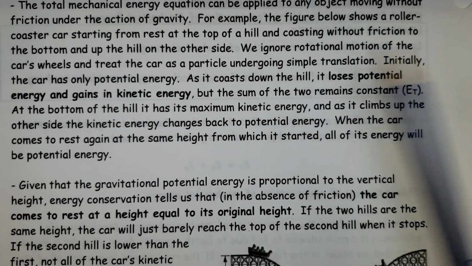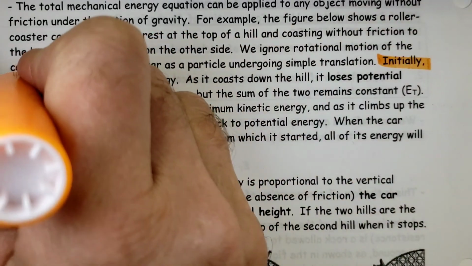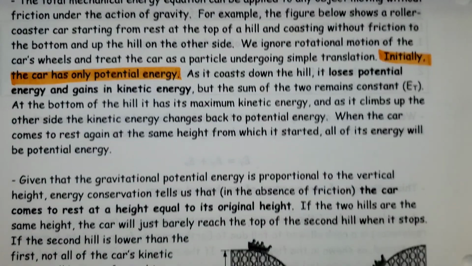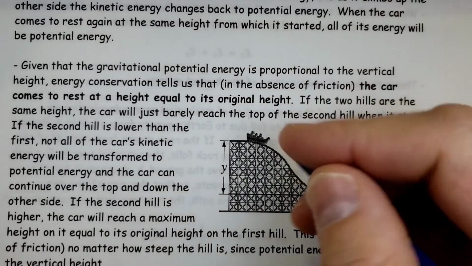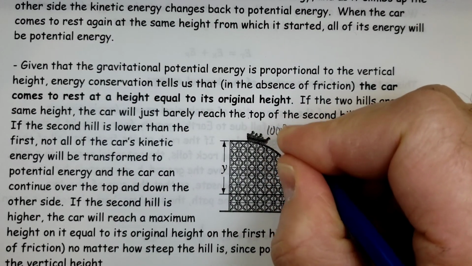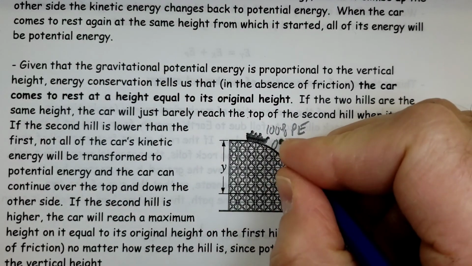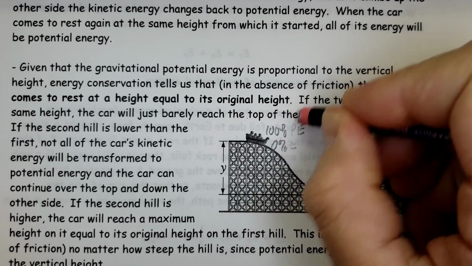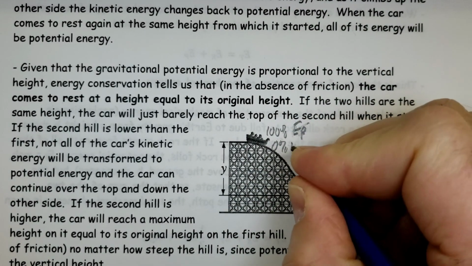Initially, the car has only potential energy, because if you've ever ridden a roller coaster, the first part of the ride is going to the very top of the roller coaster, right? And then all the energy will be 100% potential energy at the start, and then 0%. Let's use the same symbols here. 100% EP, 0% EK.